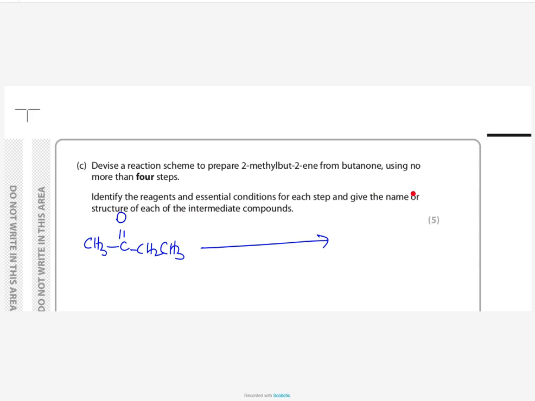You get a maximum of 4 steps, and you have to prepare 2-methyl-butene from butanone. Identify the reagents and essential conditions for each step.